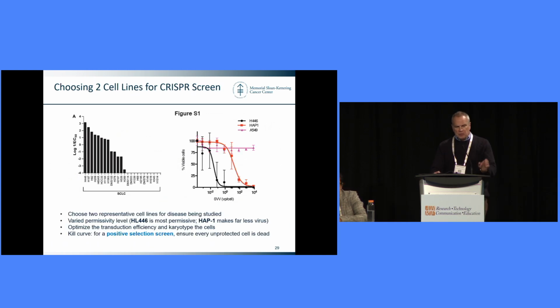So I thought it was very smart working with John Poirier and Lindy Miles. This was the centerpiece of her PhD. They chose two different cell lines, one that was very permissive for the virus infection and one that was much more resistant and had low permissivity. So the high one was HL446 and the low one was HAP1.